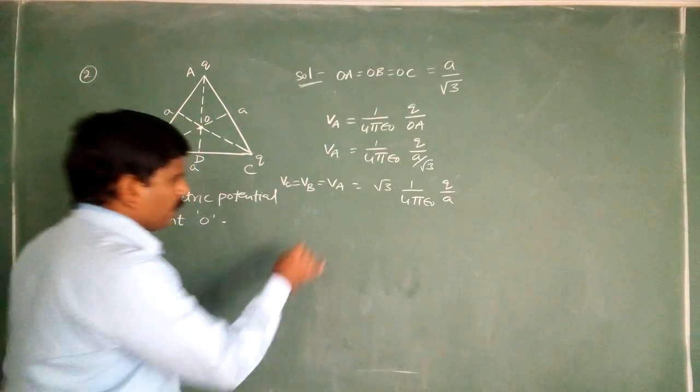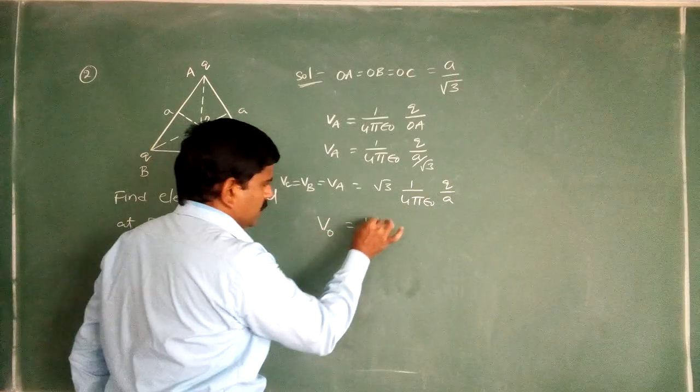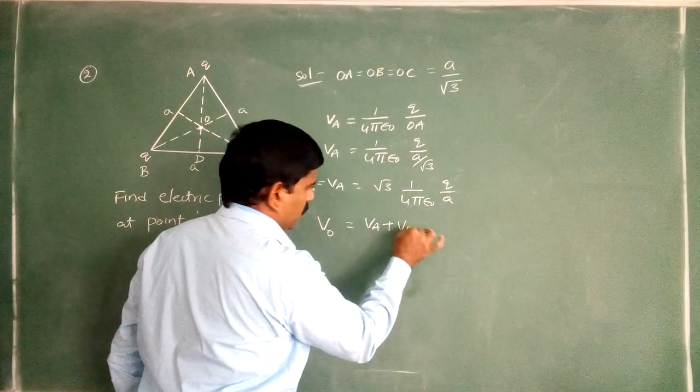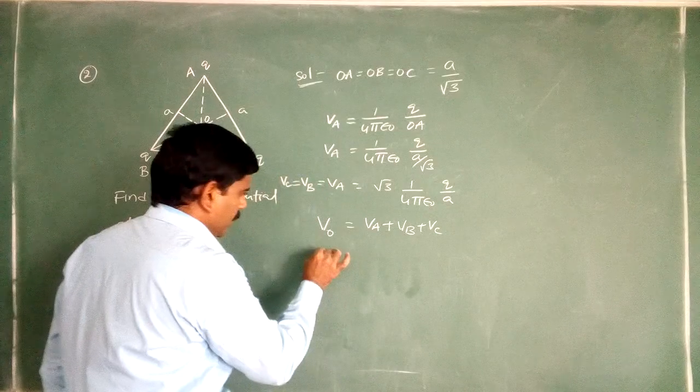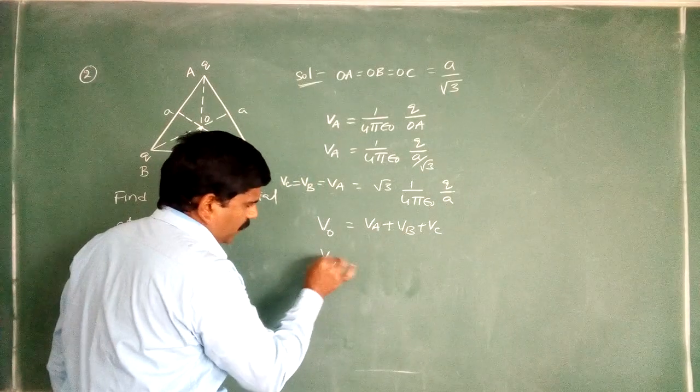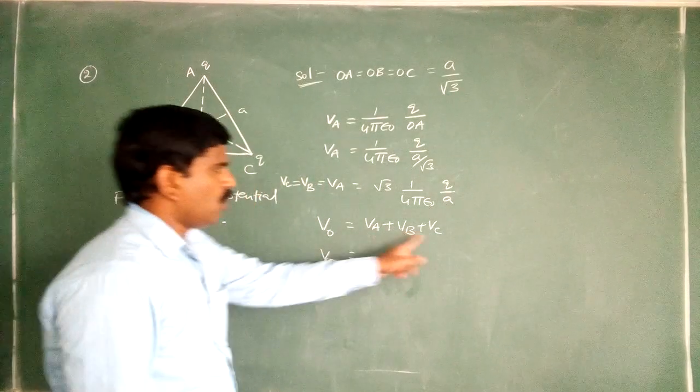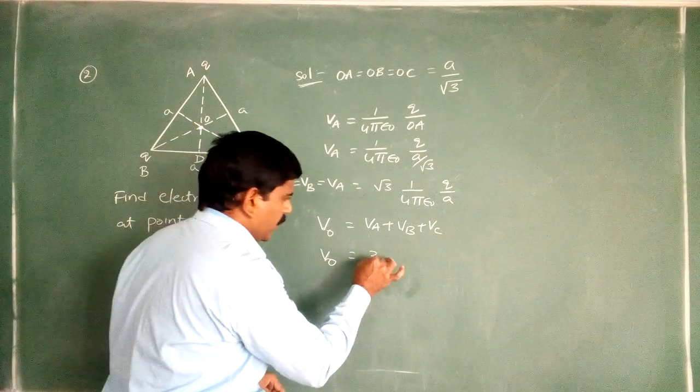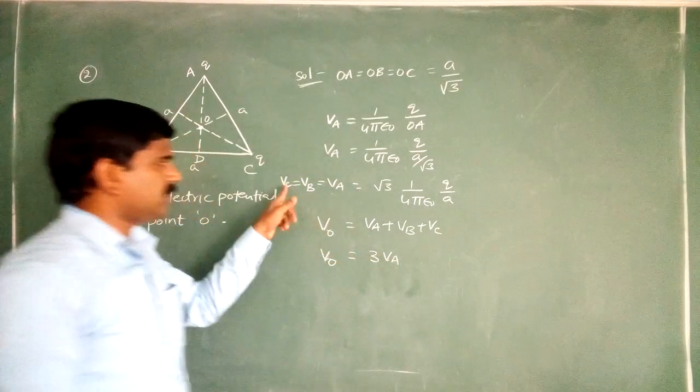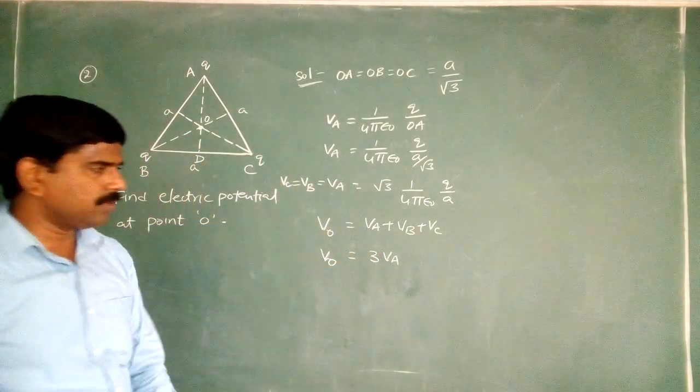Therefore, net potential at point O is VA plus VB plus VC. So VO is 3 into VA, because VA is equal to VB is equal to VC.